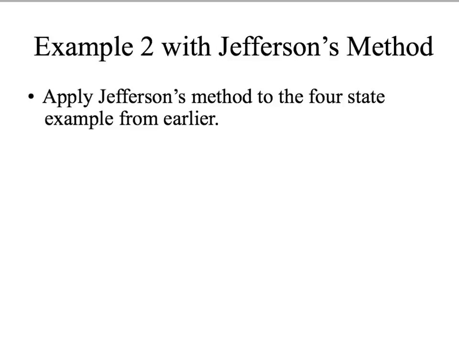All right, using that same 4-state example, now we're going to use Jefferson's method. Jefferson starts off the same way, where he rounds down. But we know from Hamilton's method that when we round down and find that minimum quota, 9, 27, 26, 37, we won't get all 100 seats.